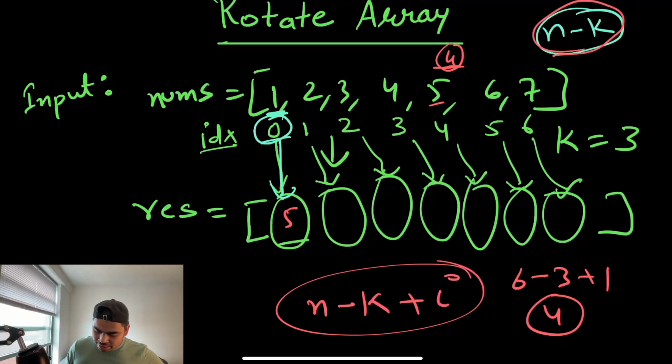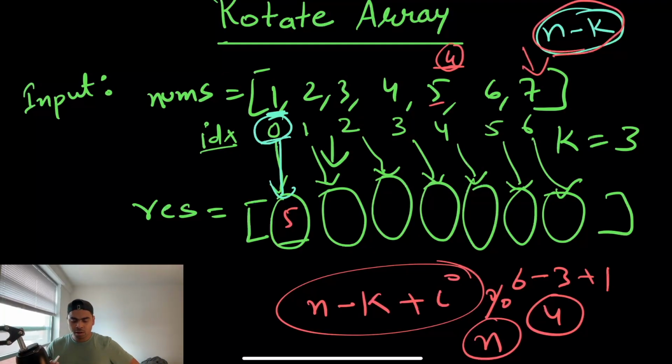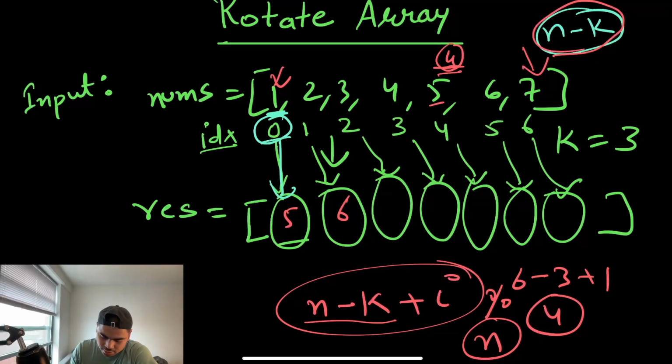And remember, we have to take the mod by n again, because at one point you'll be going over the length of nums, and you'll have to come back to the front. So 5 will move here, and when i is 2, it's 3 plus 1, and then 6 and 7, and then it comes back to the front, and 5 was moved to here.